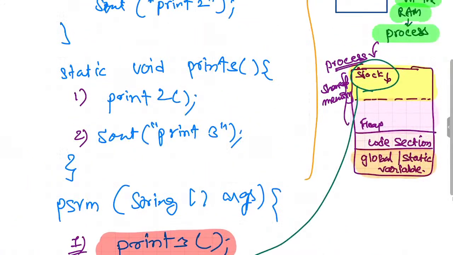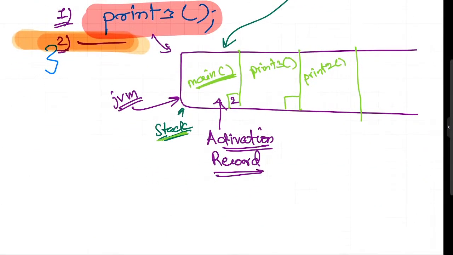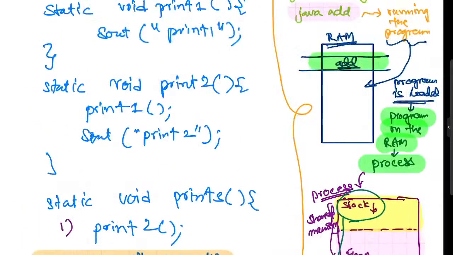Once it pushes print 2, it will maintain whatever it has to come back to. What is the element that it has to come back to? Line number 2 in print 3, right? Here also it will maintain the line number that it has to come back to. In print 2, execution starts again.